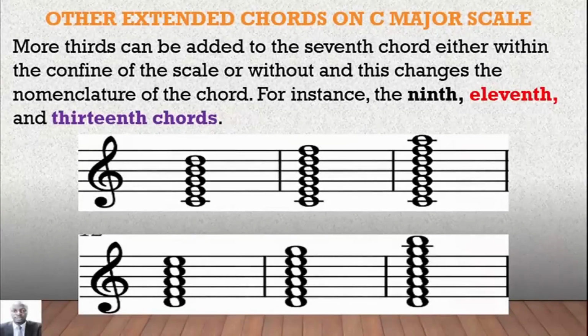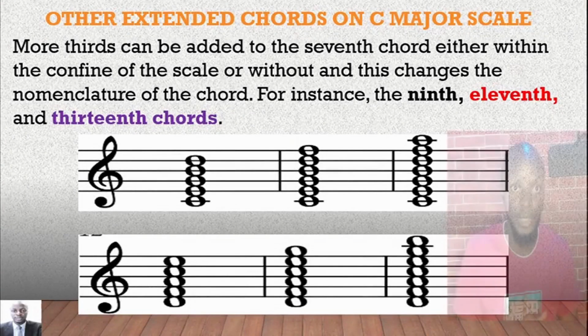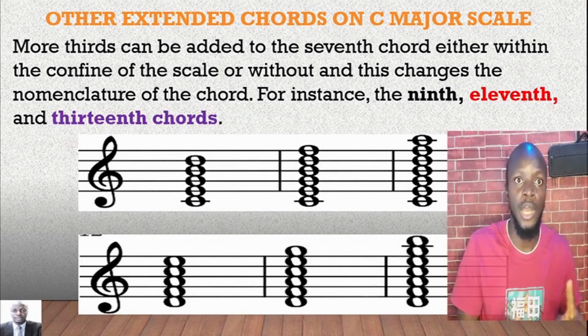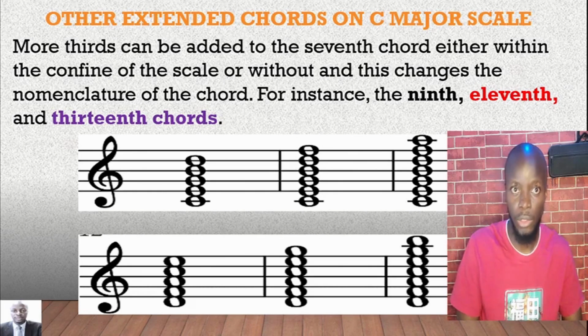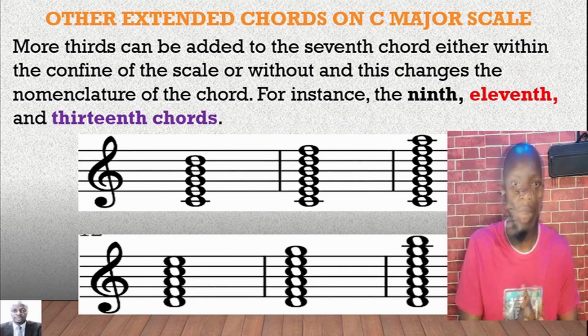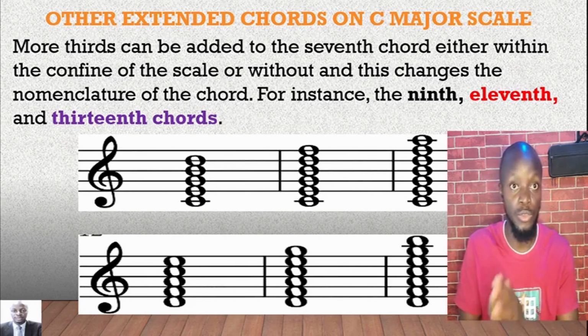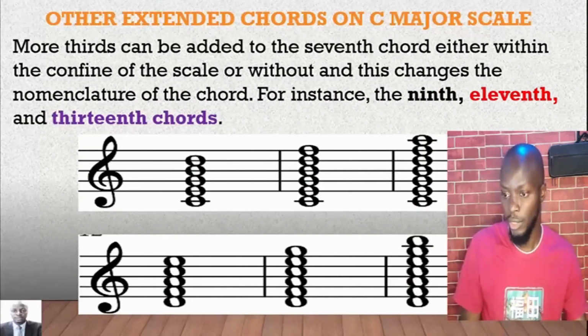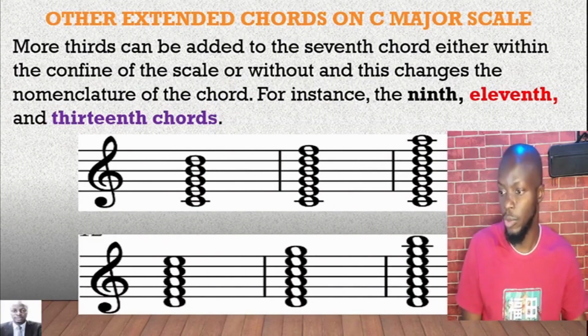Apart from the half diminished sevenths, the fully diminished sevenths, the minor sevenths, major sevenths, and the dominant seventh chords, we have other kinds of extended chords. We're going to talk about them here using C major as an instance. More thirds can be added to the sevenths of the chord.